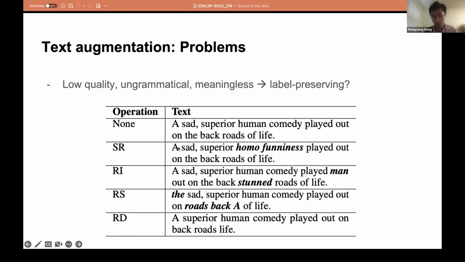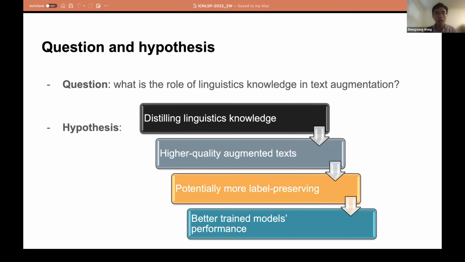Even synonym replacement based on a dictionary will be nonsense. The human is replaced by harmon, and comedy is replaced by funniness. And this is random insertion. Randomly inserting some synonyms into this sentence makes it again ungrammatical. So we don't have very good augmentation techniques.